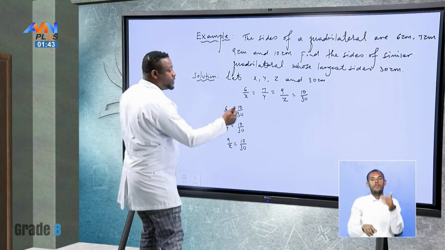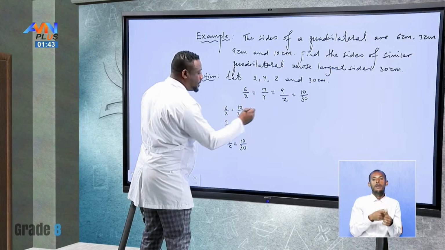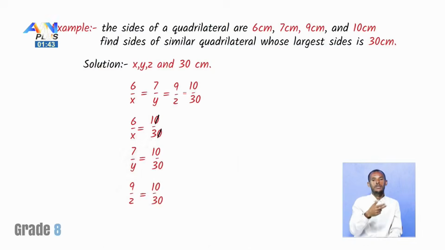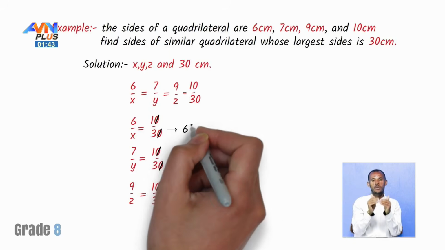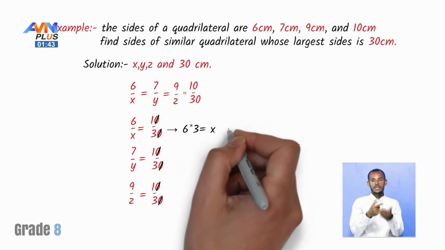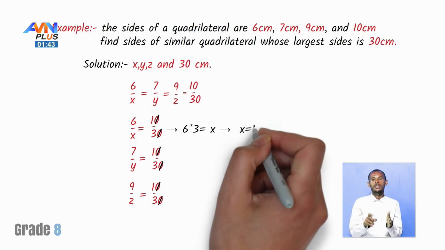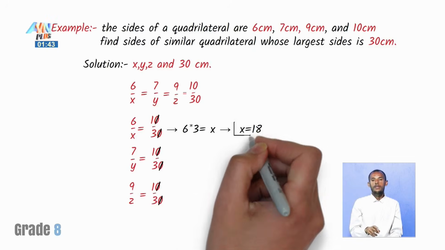So from the first one, you can simplify each of these things so that our calculation will be easier. So crisscross each equation. 6 times 3 is equal to x. So this implies x becomes 18.